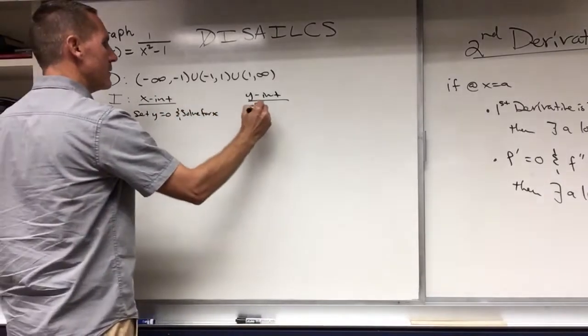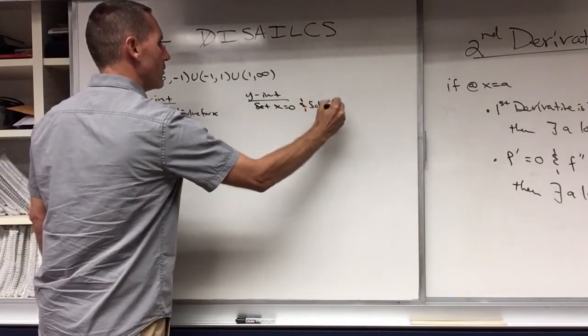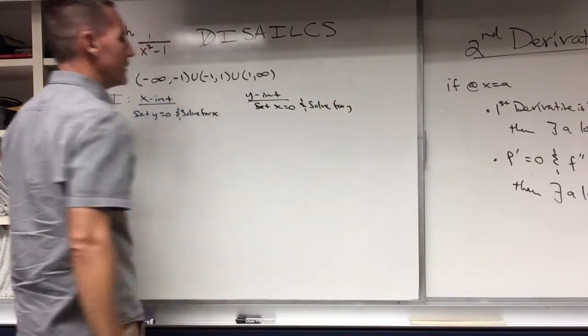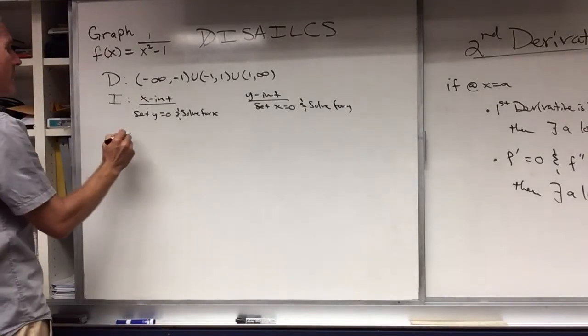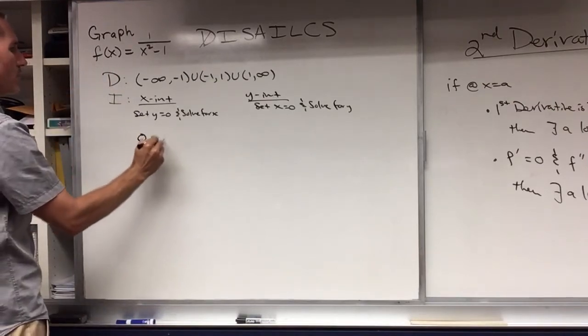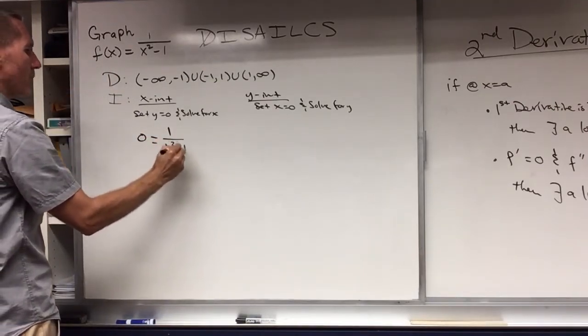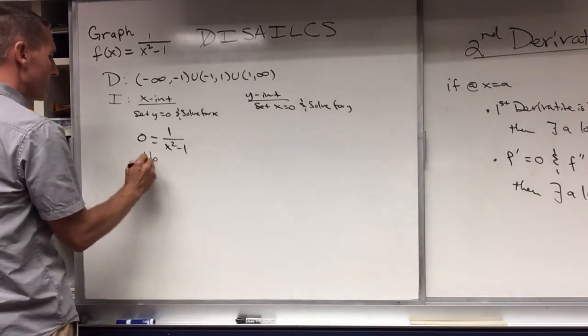And for the y-intercept we set x equal to 0 and solve for y. All right? And y is just the same as f of x, right? So we have 0 equals 1 over x squared minus 1. Well, where is 1 over x squared minus 1 equal to 0? Well, that's never going to be the case. So here, let's just put never.